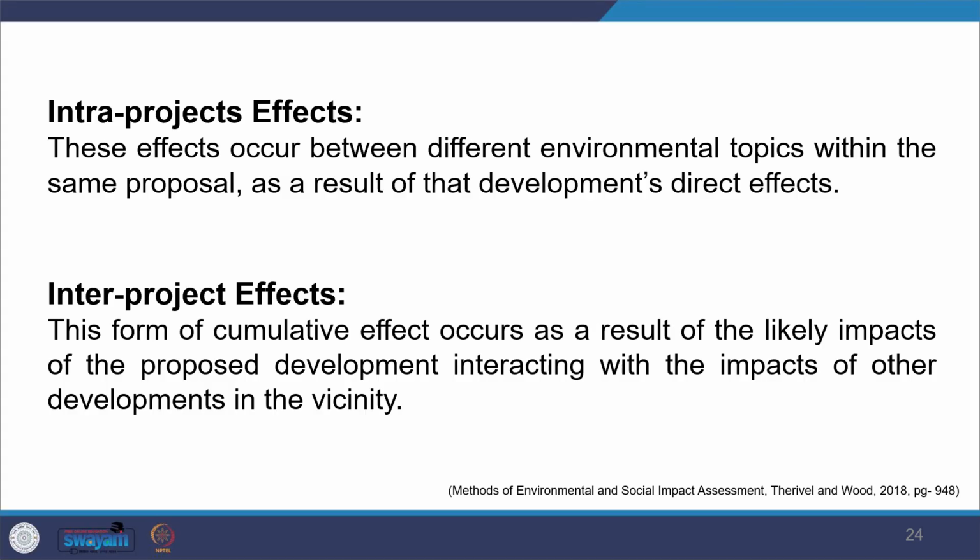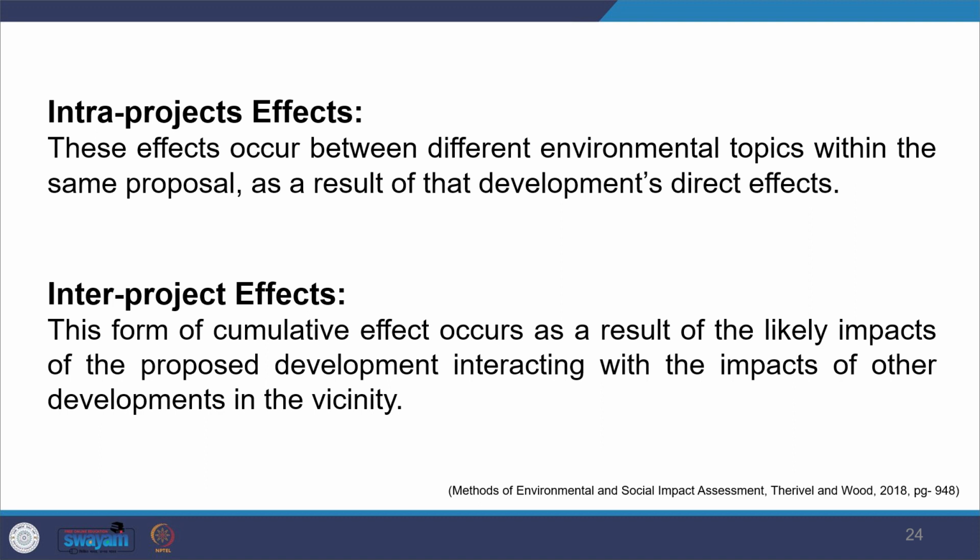Further, you will come across some more terms. You see it by IEMA. It gives one term which is intra-project effects. These are effects which occur between different environmental topics within the same proposal. So within that same project itself, how different domains or effects deal with each other. That is intra-project effects.